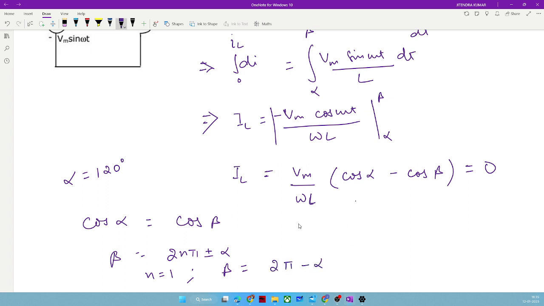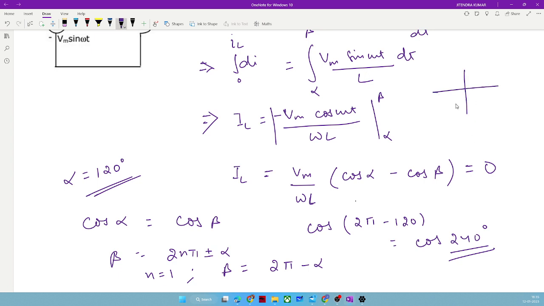So if you put cos 2 pi minus alpha and alpha was 120 degrees, it means cos 240 degrees is equal to cos 120 degrees, right? Since cos is positive in the fourth quadrant, sorry, this is third, and 240 sine tan cos whatever.